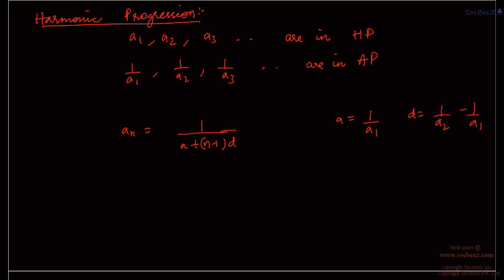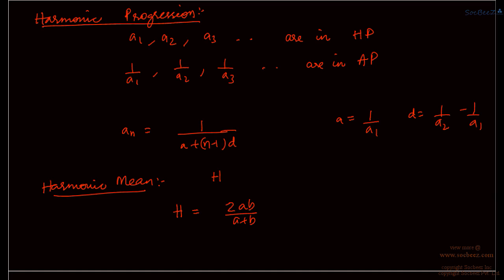Suppose a and b are two terms in a harmonic progression, and suppose you introduce a harmonic mean between them. Let that be denoted by h. Now h is written as 2ab by a plus b.